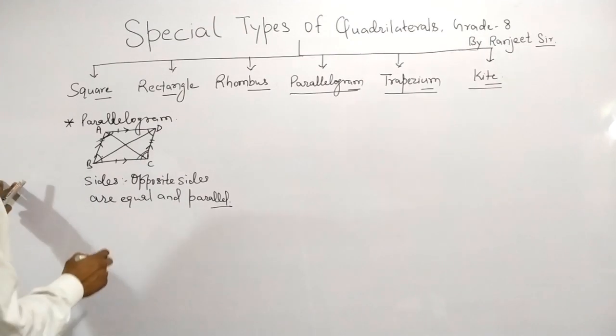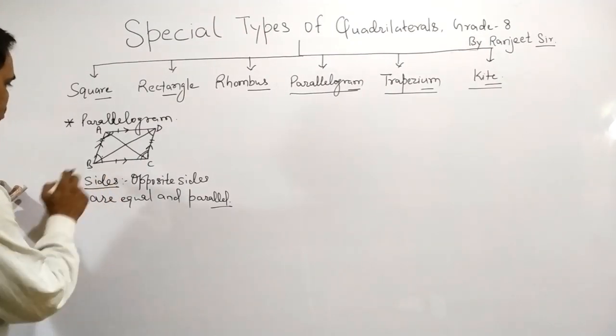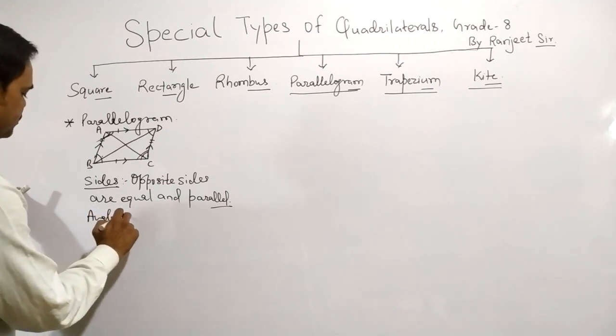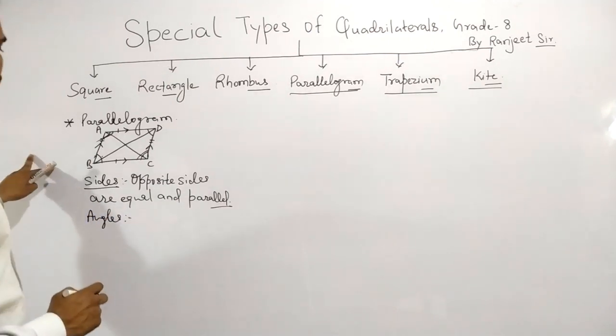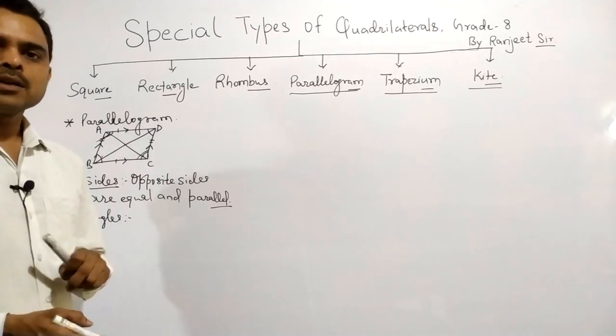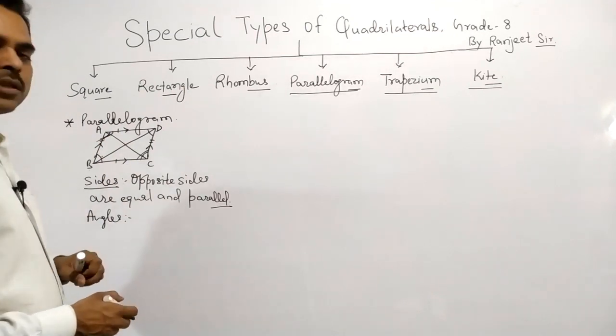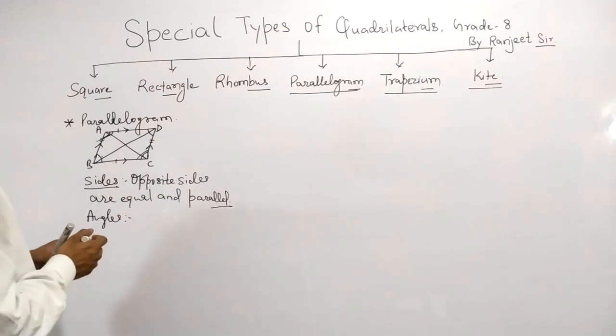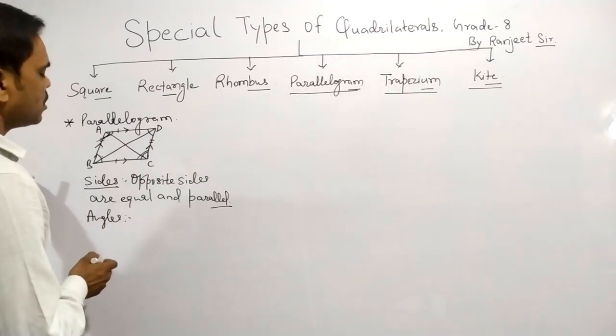The next property is related to its angles. For the angles you can write opposite angles are equal and the sum of any two consecutive angles will always make 180 degrees.